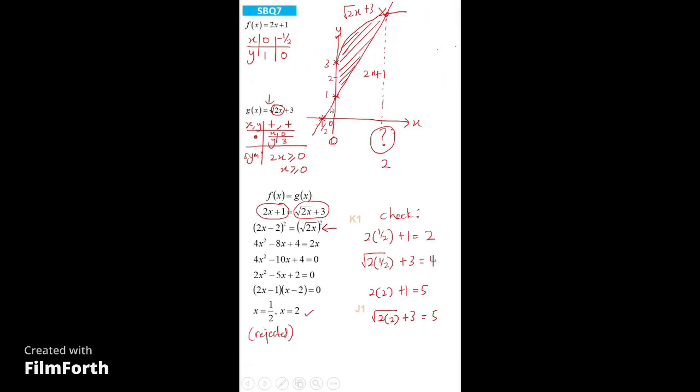Okay, then since we know that the upper function is the third function, and the lower function is the linear one, you take the upper function minus the lower function. The limit is from 0 until 2.